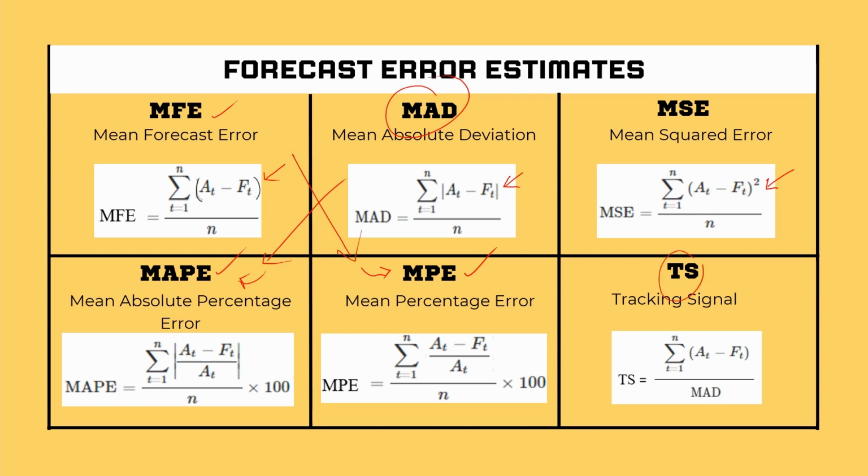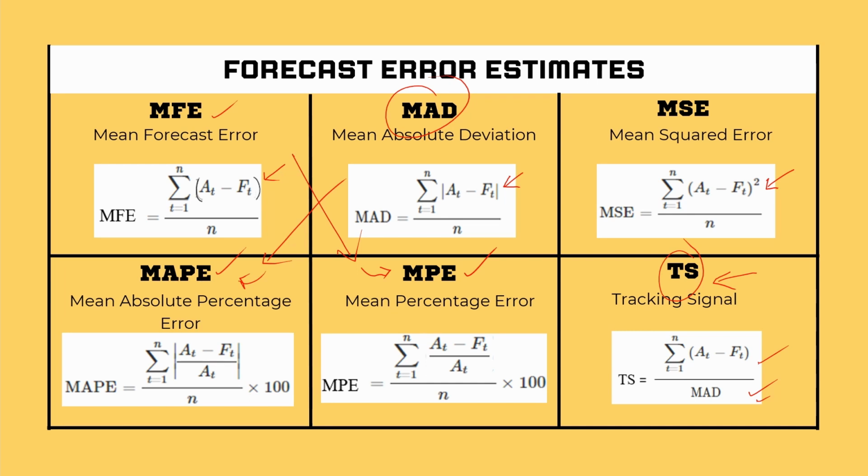And finally, the tracking signal. Tracking signal is the ratio of two terms. In the numerator, you have the AT minus FT terms, that is the error terms, and in the denominator, you have MAD. Unlike the other 5 measures of accuracy, the TS value will be calculated in each period, not only in the final period.